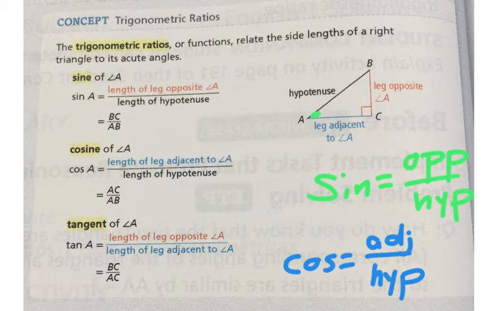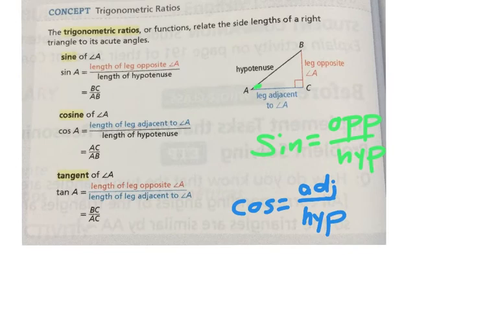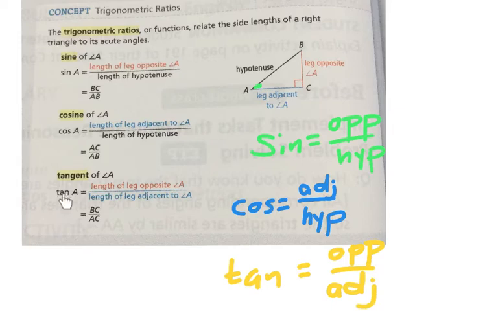And then the last trig function that we're going to be looking at is tangent. Tangent from any angle is always the opposite side divided by the adjacent side. So again, if I'm looking from angle A, if I'm taking tangent of A, my opposite leg is segment BC.